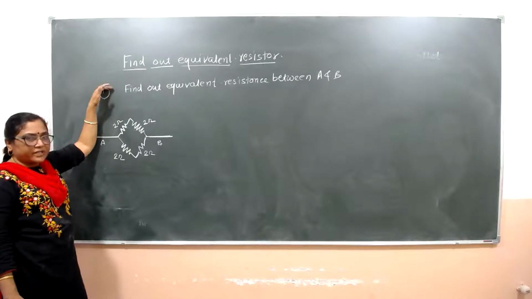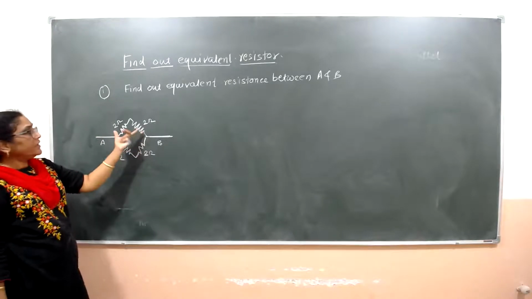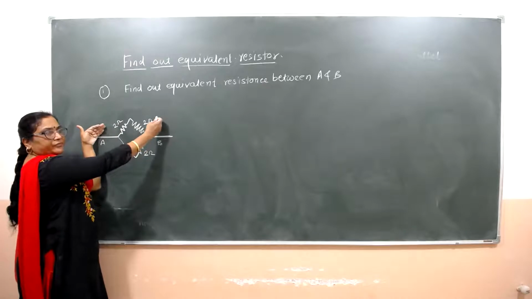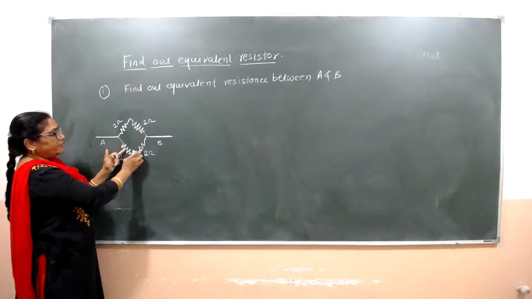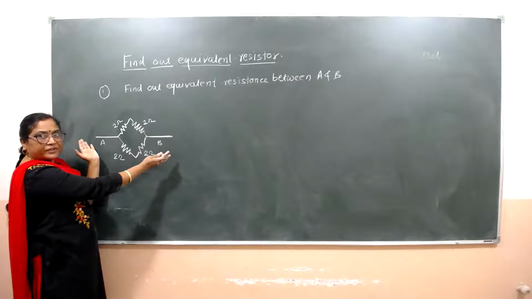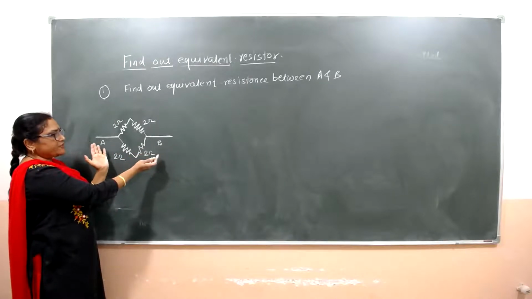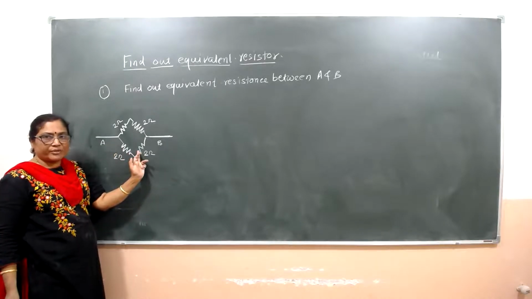When we observe the 2 ohm, 2 ohm, these two resistors, when we straighten this wire, what type of combination is this? Series. When we open this wire, or straighten this wire, this combination is again a series combination.